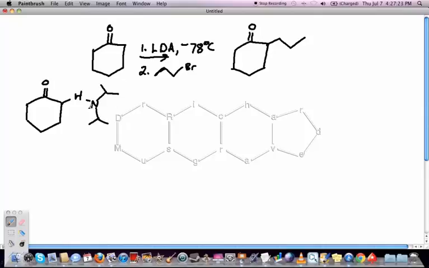You'll notice that this is a very hindered base. That is, there's a lot of stuff going on around the negative charge. That prevents the negative charge coming in and attacking the C double bond O, for example. That's because there's just too much stuff around the N negative. But what it can do is attack an exposed proton like this alpha hydrogen right here. So that's what we'll do. We'll attack that.